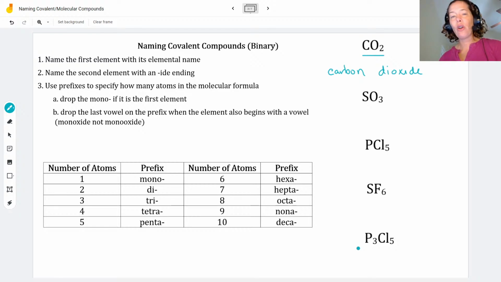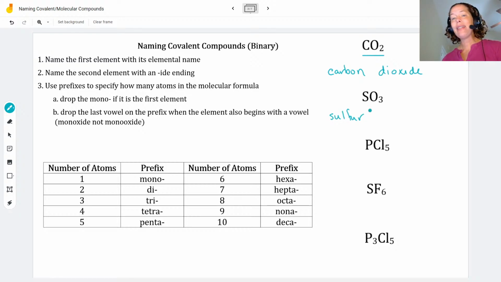So we have SO3. And of course, we want to name this using our rules. So my first element is sulfur. I only have one, so I'm going to drop the mono on that because it is my first element. So it is simply going to be sulfur, just named with the elemental name.